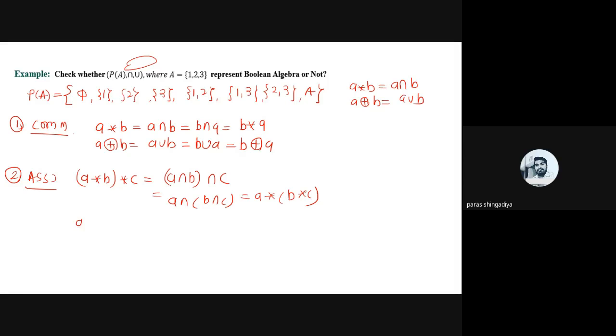And the second one is A ring sum B ring sum C, which is equal to A union B union C, and that can be written as A union B union C, and that is equal to A ring sum bracket B ring sum C. Clear? That is the proof of the second one, meaning the associative proof is valid. And now let us prove the third one, the absorption property.